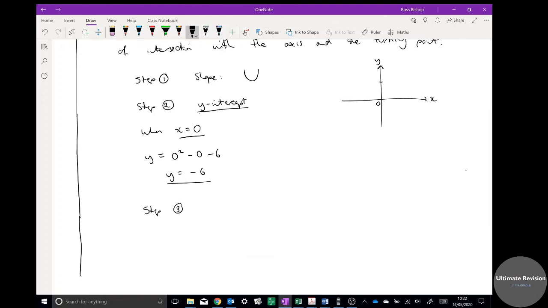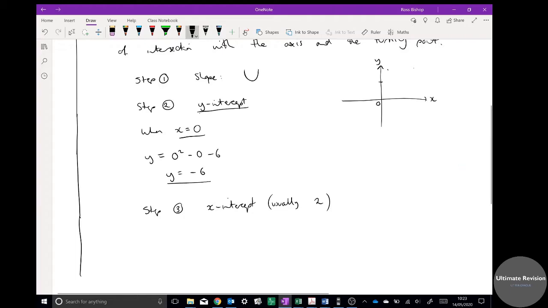Step 3, this is the x-intercept. Now this will usually be 2 intercepts. Usually 2, but it could be 1 if it just touches. So you've got 3 options. It can either look like that, so you've got 2 intercepts.